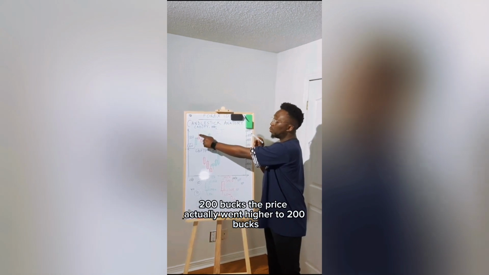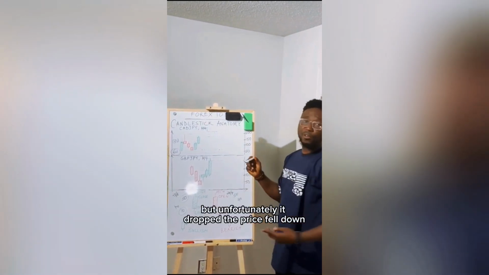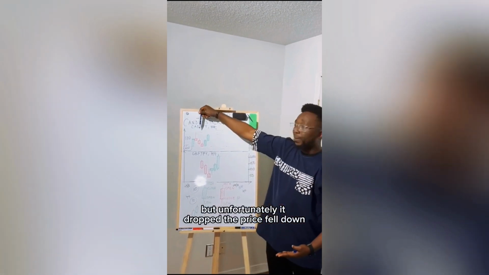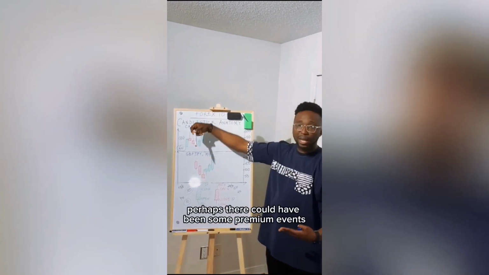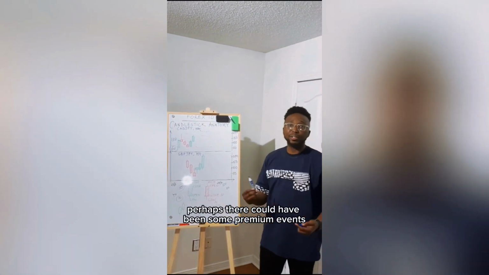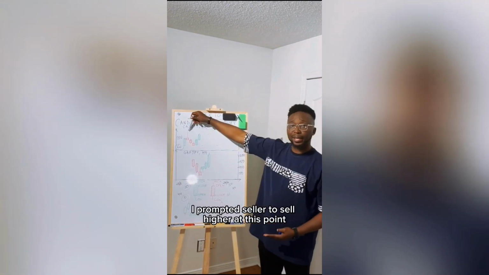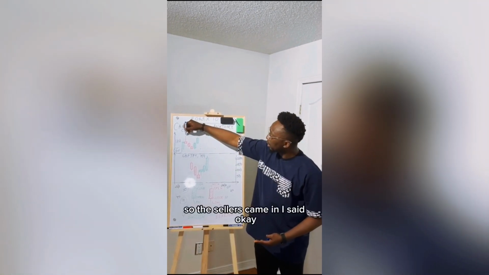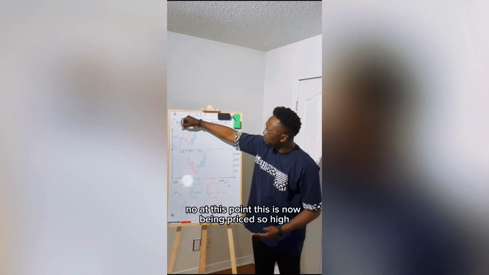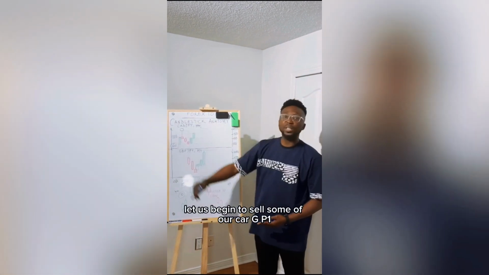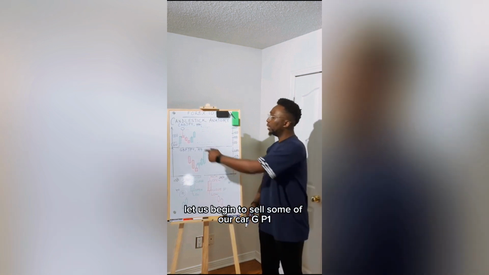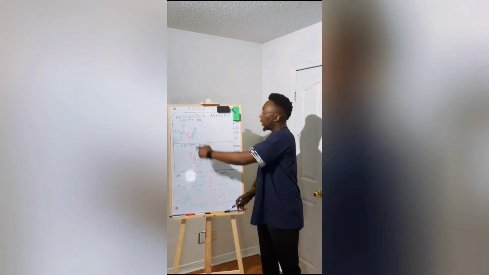The price actually went higher to 200, but unfortunately, it dropped. Perhaps there could have been some triggering events, some kind of breaking news that prompted sellers to sell high at this point. So the sellers came in and said, okay, at this point it is now priced so high. Let us begin to sell some of our CAD JPY. So they started selling at this point.